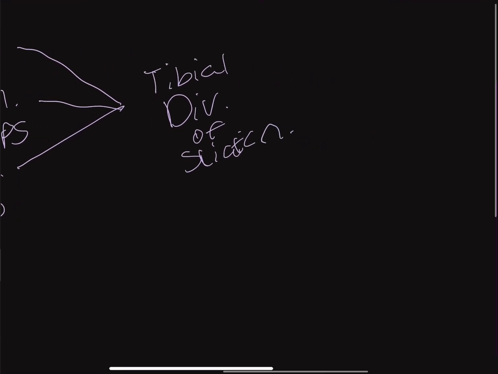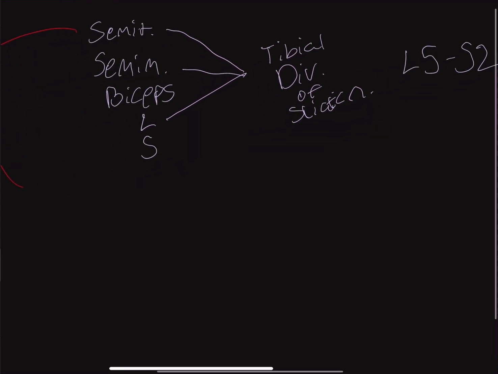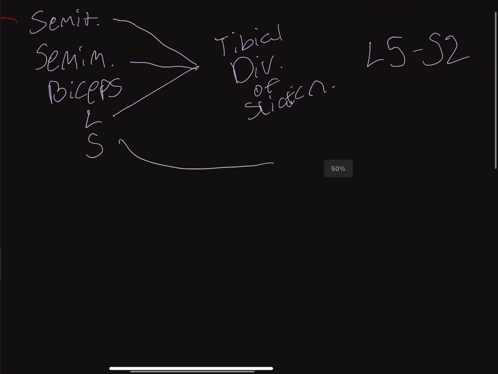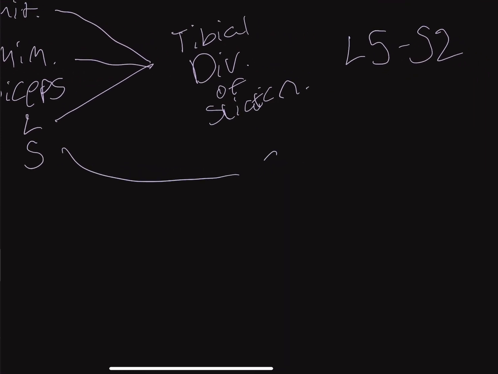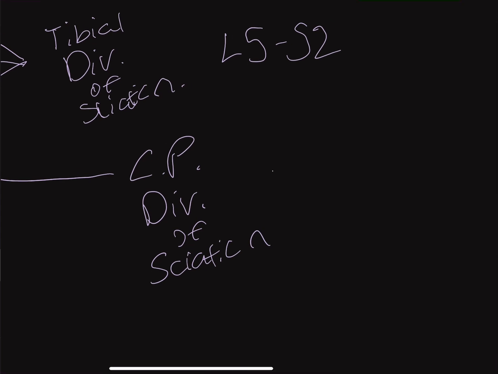That's going to be L5 to S2. The short head is innervated by the common peroneal division of the sciatic nerve, and that's also spinal levels L5 to S2.